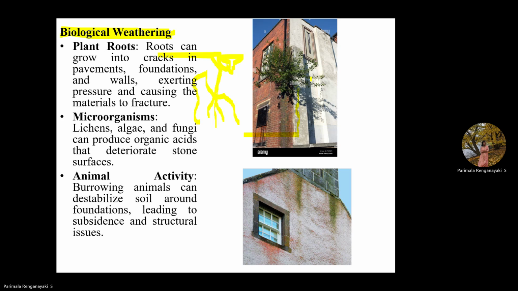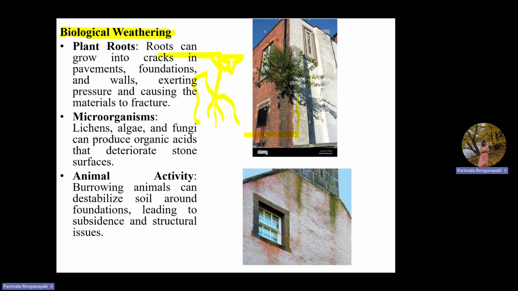Then microorganisms, lichens, algae and fungi, sometimes on the rock, along with leaves or organic materials in the jungle, can produce organic acids on the rock or building material that deteriorate stone surfaces.